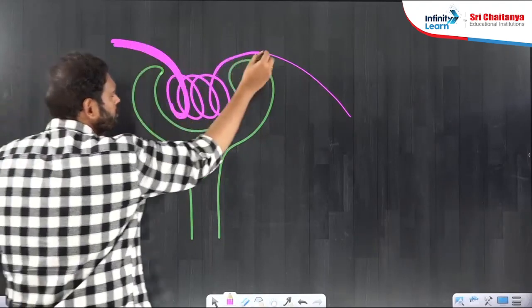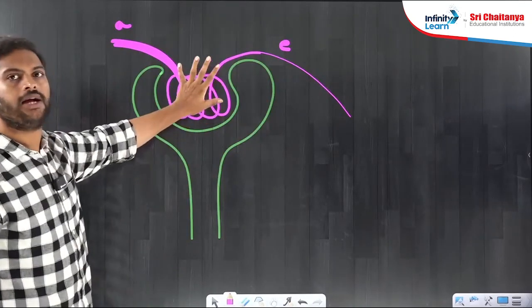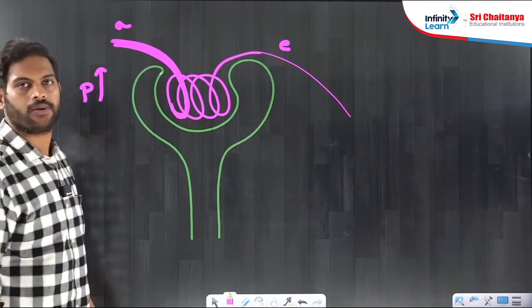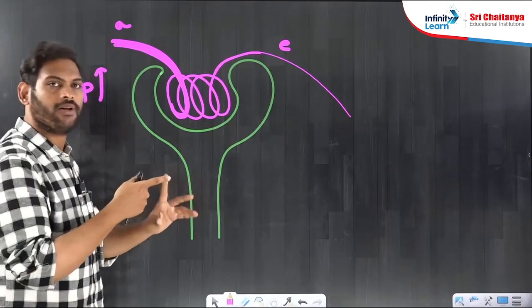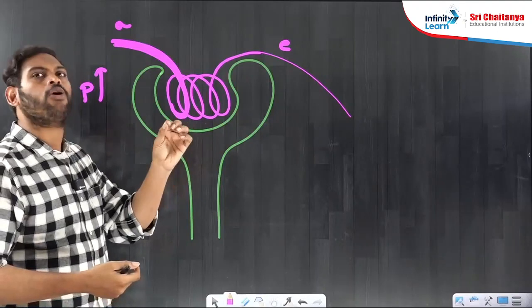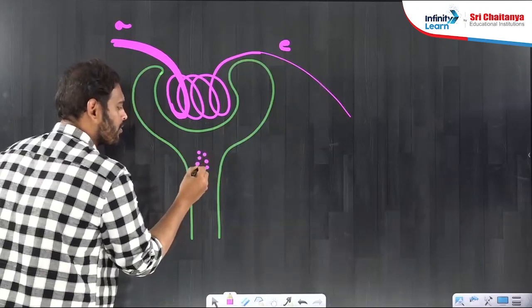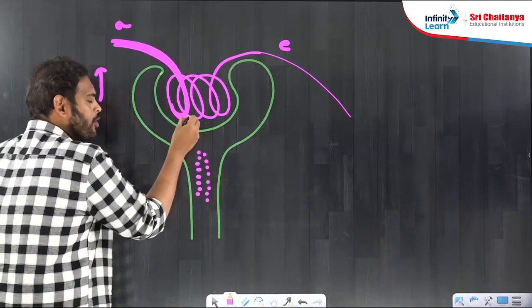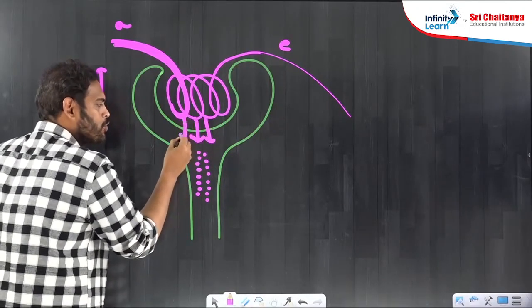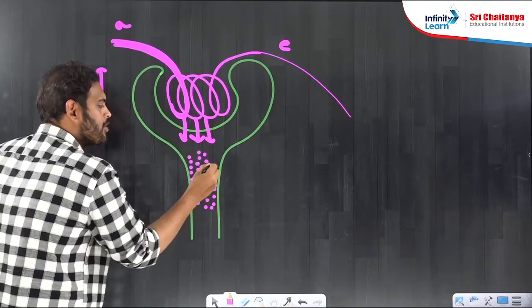This is afferent, this is efferent. So suddenly inside glomerulus, blood pressure gets increased. Because of this blood pressure, water, minerals, ions, small soluble molecules, sometimes hormones, may filter out of blood and drop inside this PCT. These molecules cross Bowman's capsule and they fall into Bowman's capsule, they enter PCT, they enter renal tubules.